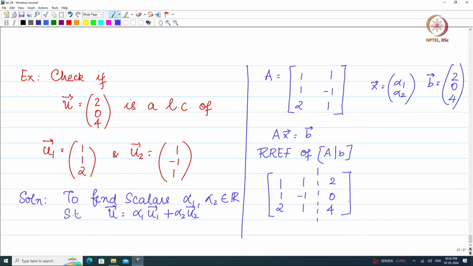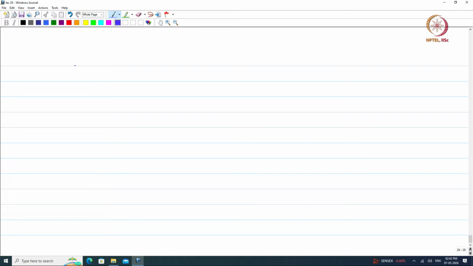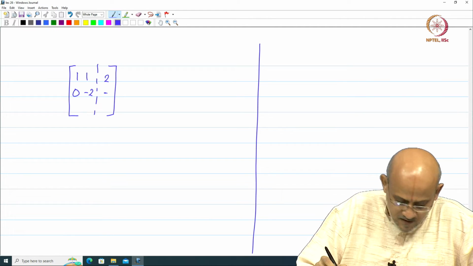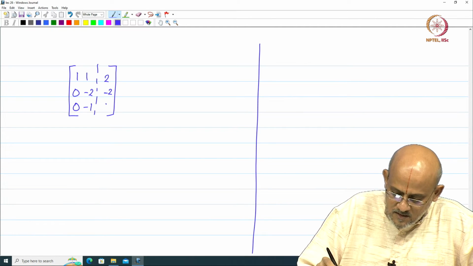Now, if you follow the steps, R2 goes to R2 minus R1 and R3 goes to R3 minus 2 R1, we get this matrix, which is basically 1 1 2, 0 minus 2 minus 2, 0 minus 1 0.